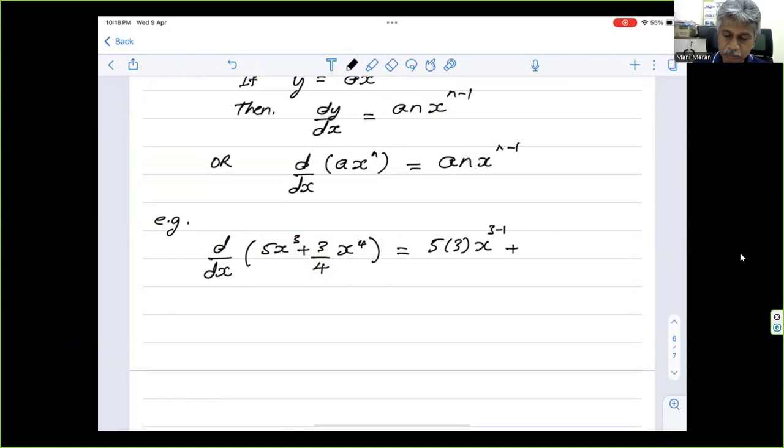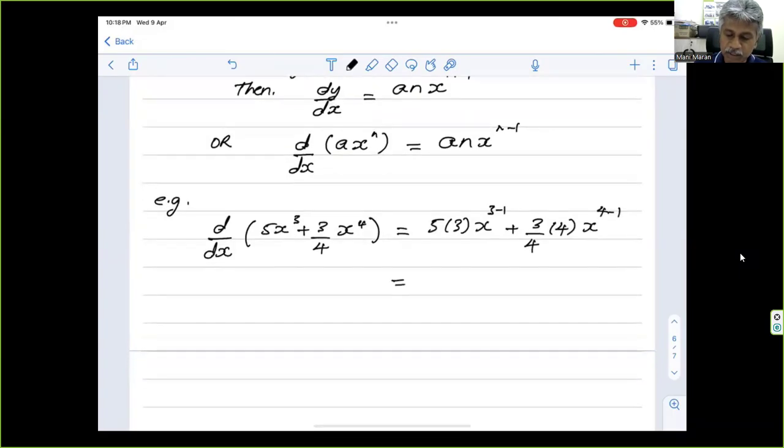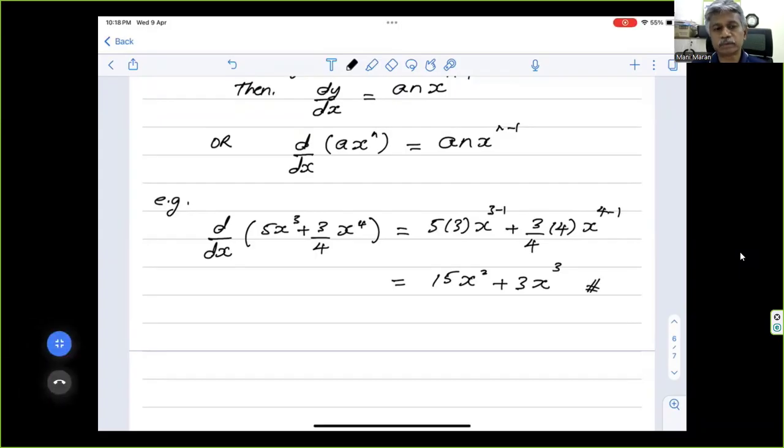Plus 3 over 4 multiplied by 4 x to the power 4 minus 1. So this will give you 5 times 3, 15x squared, plus the 4 will cancel. This will give you 3x to the power 3. Okay, that is your answer.